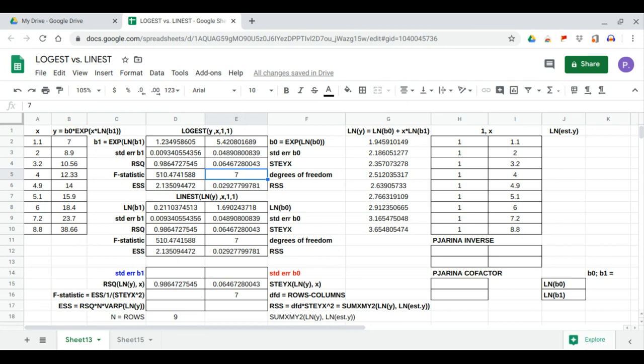Next, we calculate the XTX inverse so that we can continue calculating for the coefficients. We start with the XTX inverse, which is MINVERSE and MMULT of the transpose of this matrix and itself.